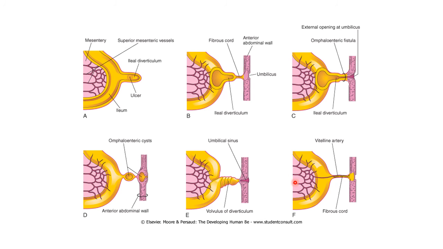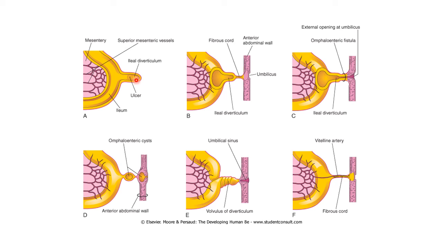So again, to show you different anomalies associated with Meckel's diverticulum, keep in mind that this Meckel's diverticulum may contain patches of gastric mucosa and pancreatic tissue. So they are in an ectopic location, which is the abnormal location of the presence of the gastric mucosa and the pancreatic tissue.